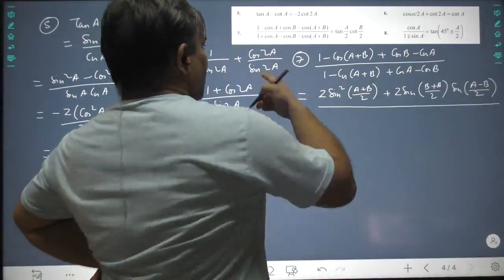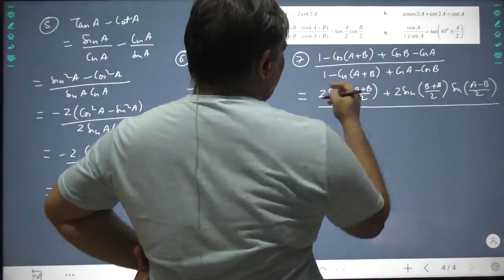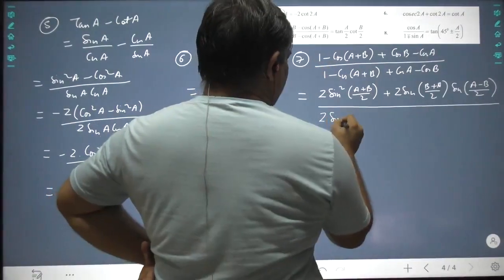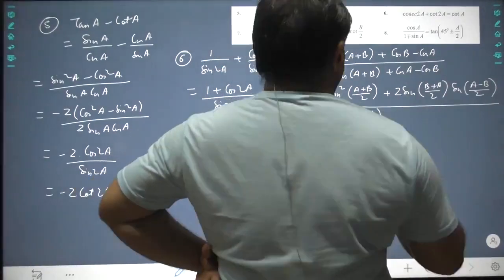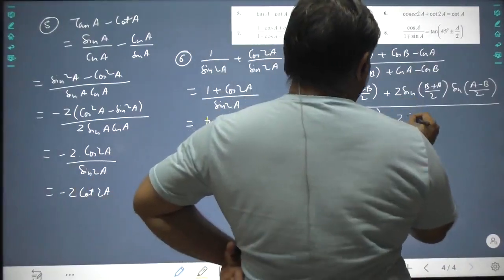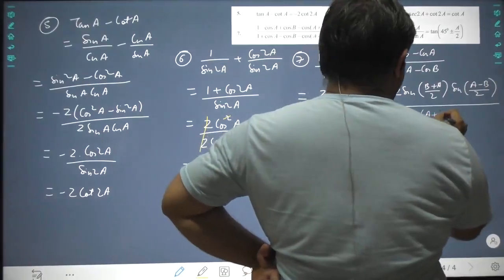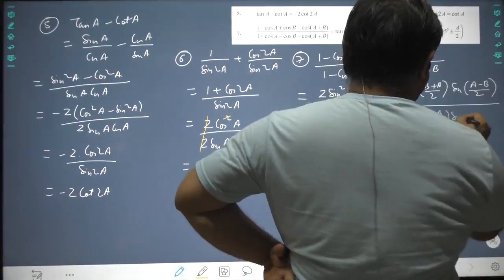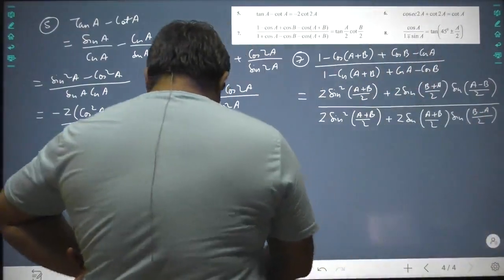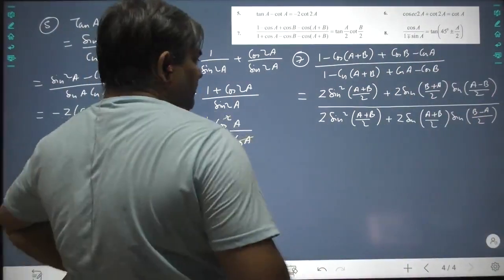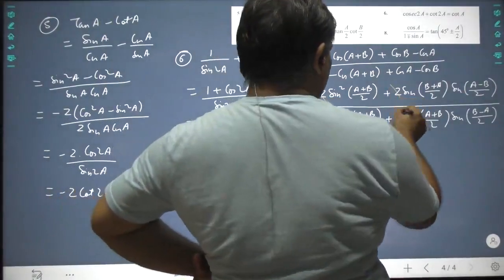So we have this. Now in the denominator, 1 minus cos theta is again 2 sine square A plus B by 2. Now here cos A minus cos B is 2 sine A plus B by 2 into sine B minus A by 2. Now these are simple formulas we must remember. Let us cancel the 2.